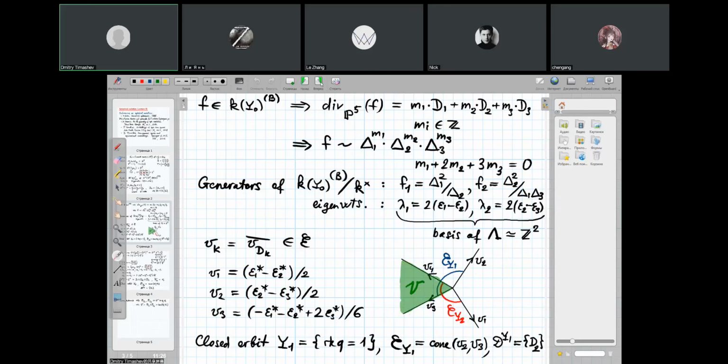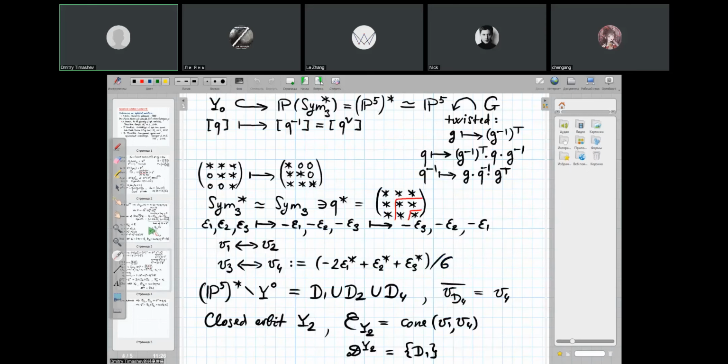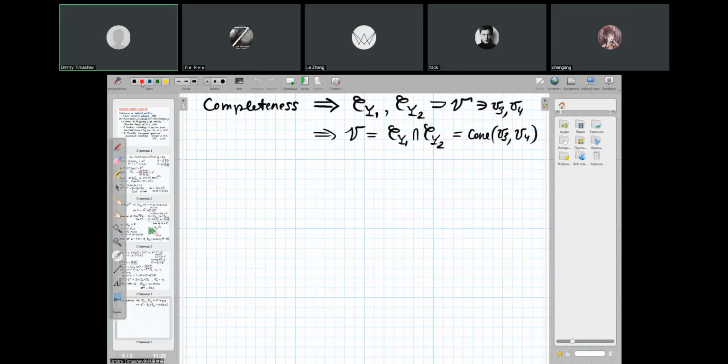So let me give you some exercises to try this idea in other examples. So the first exercise.